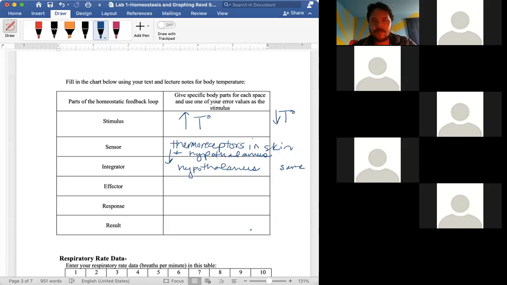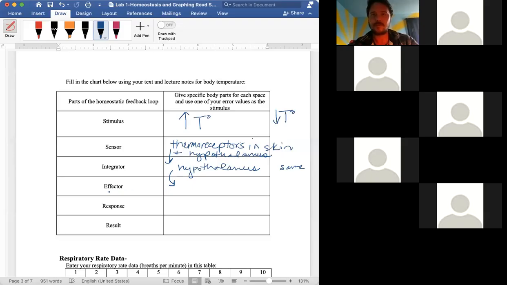Okay, so the hypothalamus is then going to get the information from those receptors and measure it against a set point. And the hypothalamus says, hey, body temperature is too high, we need to bring it back down. It doesn't technically say that, but the hypothalamus is going to send a signal to the effectors to get body temperature to go back down.